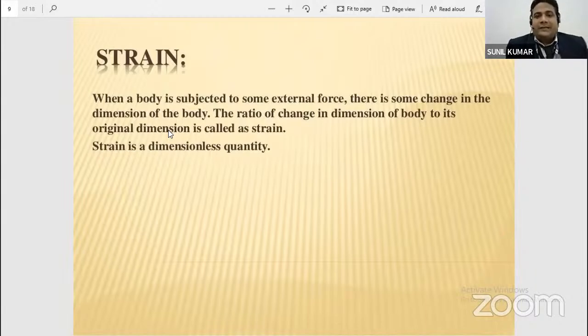When a body is subjected to some external force, there is a change in its dimension. The ratio of the change in dimension of the body to its original dimension is called the strain.